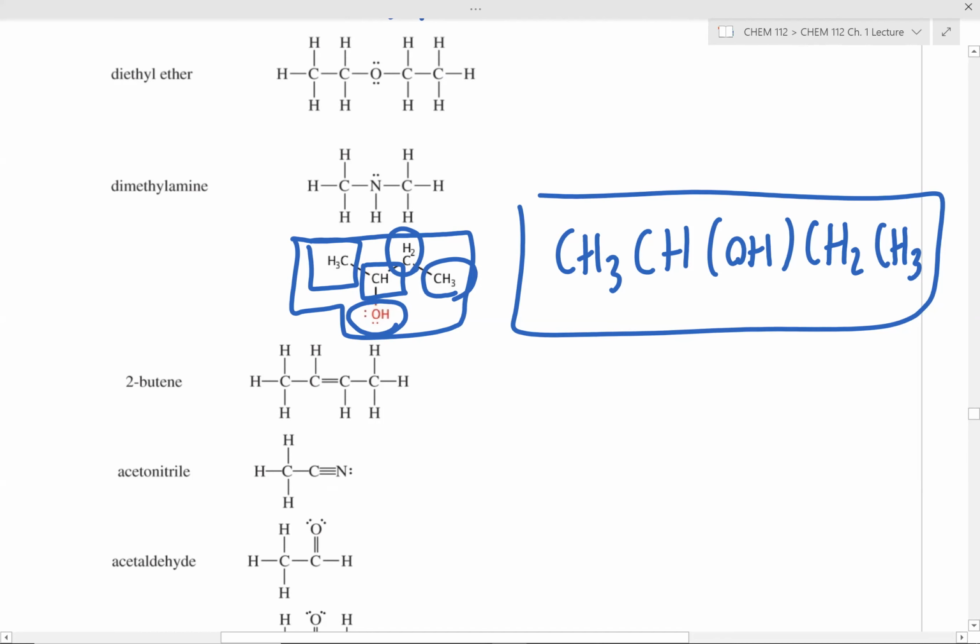Any questions? You can do them using subscript notation. CH2. Yeah. Everything going okay? Okay. Yes, yes, exactly. Yeah, perfect.